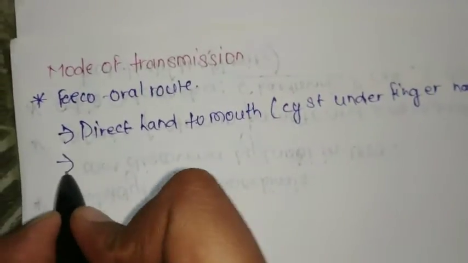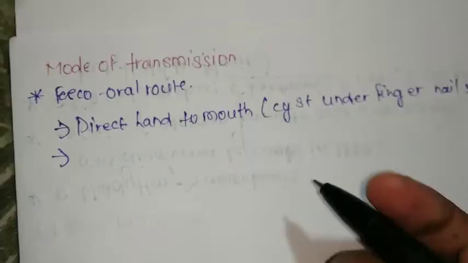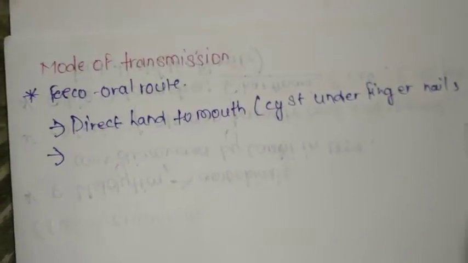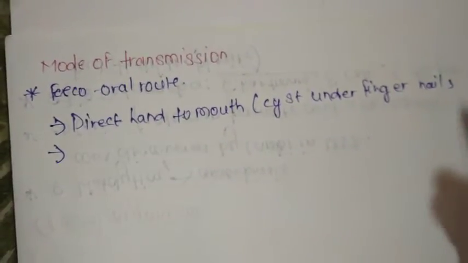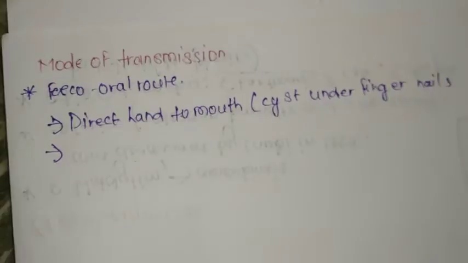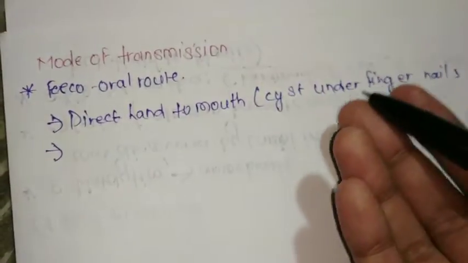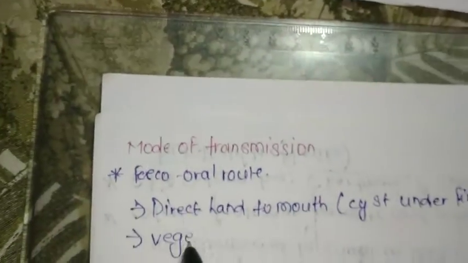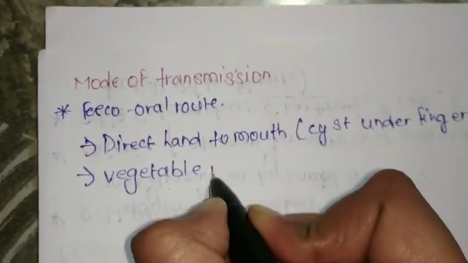And if we do not wash the vegetables, which during cultivation may have been irrigated by farmers with sewage polluted water, that may contain cysts.